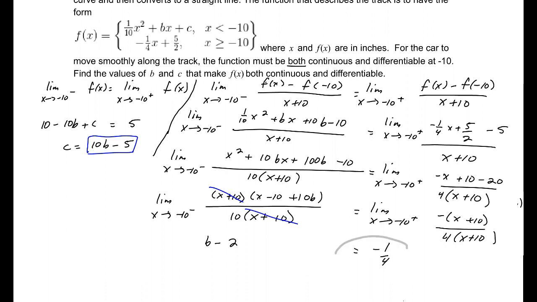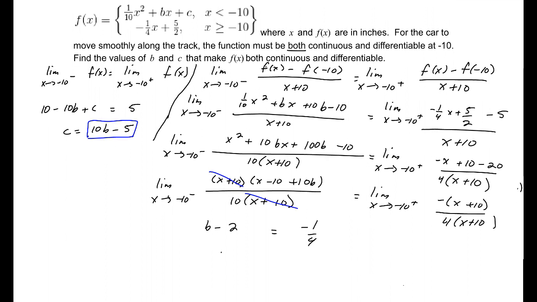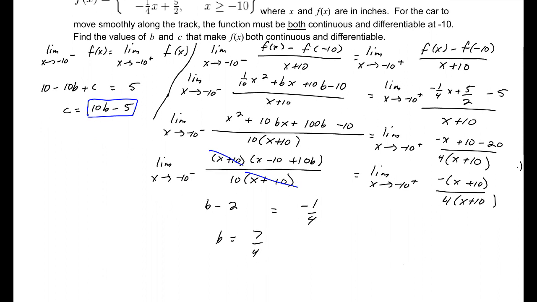Okay, so let's move this over here. Those have to be equal, which makes b equal to 7/4 if we add 2 to both sides. Now, to find c, we'll go back here. c is 10b minus 5, so c is 25 over 2.